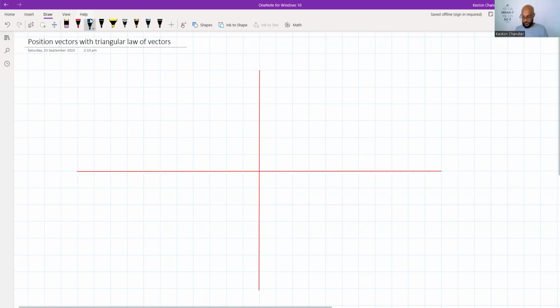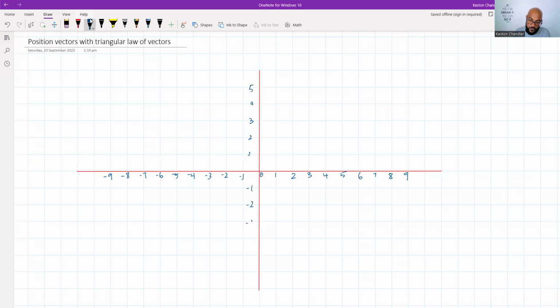The blue numbers: 0, 1, 2, 3, 4, 5, 6, 7, 8, 9, and so on, and 1, 2, 3, 4, 5 for the other axis.